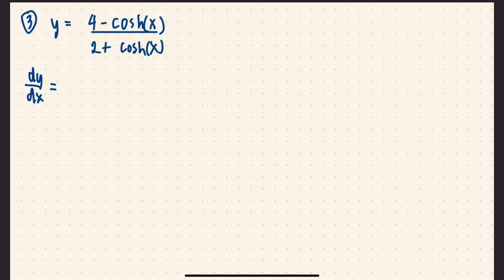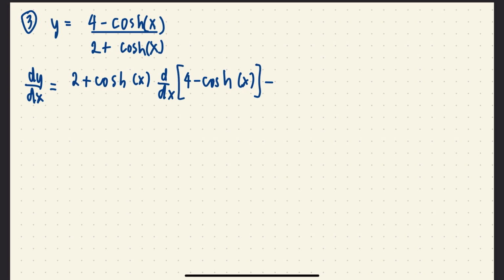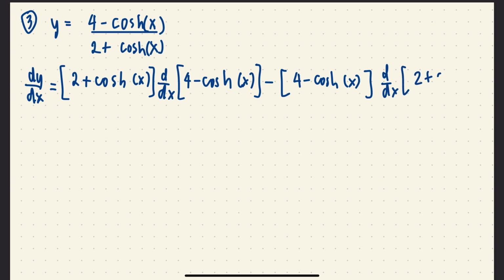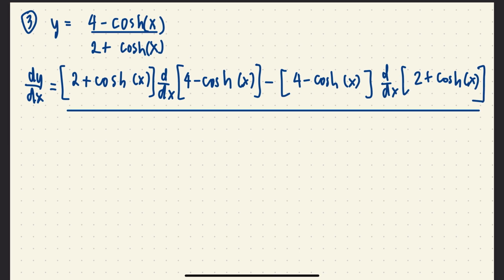It will become v du: 2 plus hyperbolic cosine of x times the derivative of 4 minus hyperbolic cosine of x, minus 4 minus the hyperbolic cosine of x times the derivative of 2 plus the hyperbolic cosine of x, all over 2 plus the hyperbolic cosine of x quantity squared.